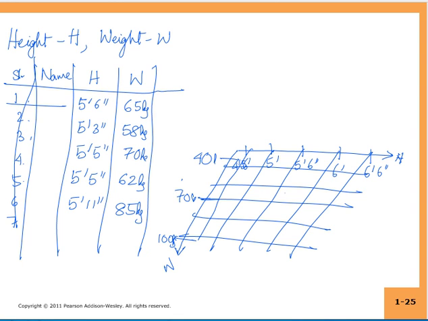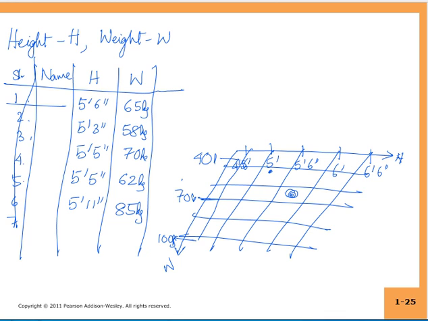And so suppose if you are 5 feet 6 inches and 65 kgs, then you belong somewhere over here. You go and stand in this part of the grid. Another person, 5 feet 3 inches and 58 kgs, you belong somewhere over here. So you go and stand here, and you divide the individuals in this particular sample like this.